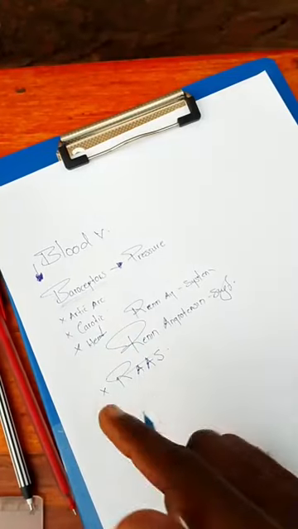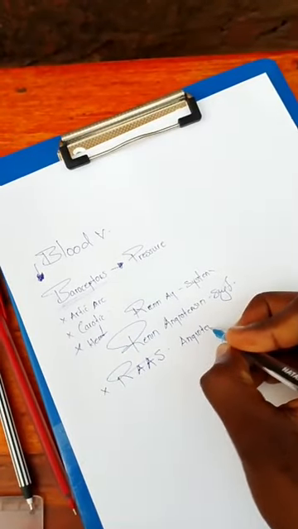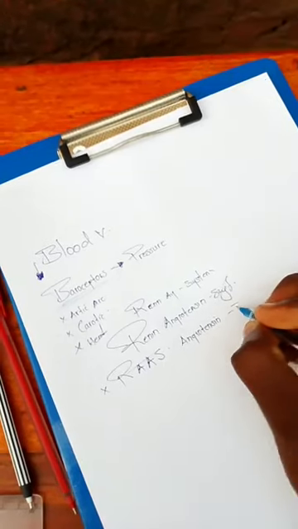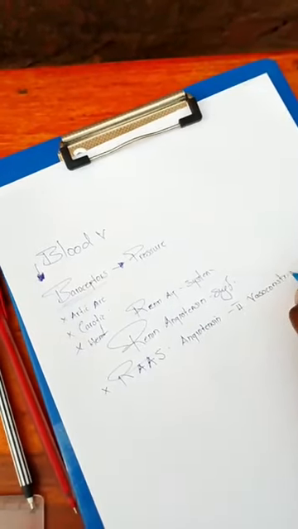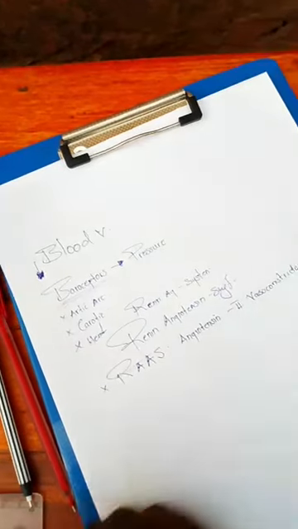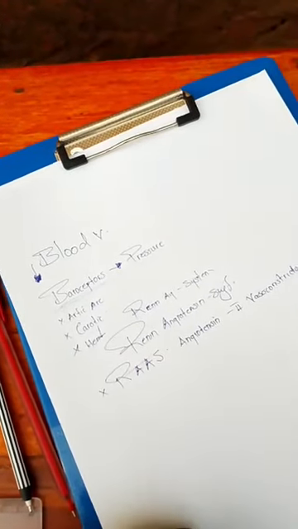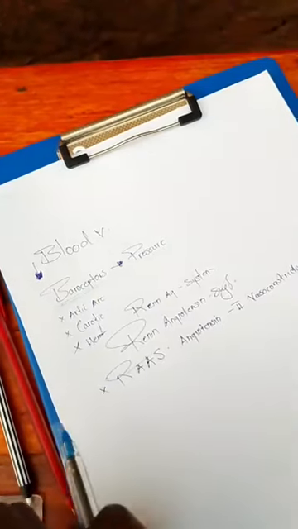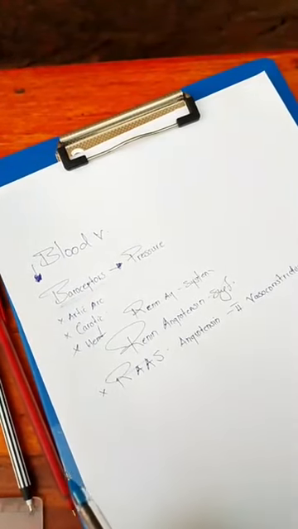This system actually involves the formation of what we call angiotensin 2. This angiotensin 2 is a vasoconstrictor. So when angiotensin 2 is formed, it is going to cause vasoconstriction of the blood vessels so that it can compensate the blood pressure.